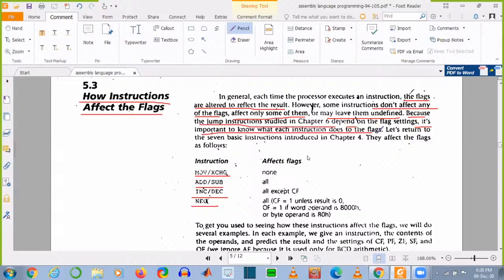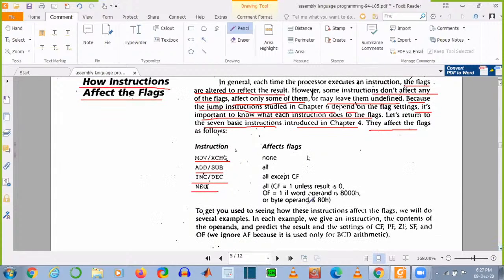So let's return to the 7 basic instructions discussed in chapter 4. You already studied the 7 basic instructions in chapter 4, and we are going to talk about what flags are affected by those instructions. The first 2 instructions were move and exchange.